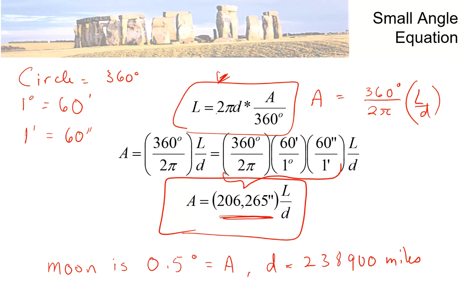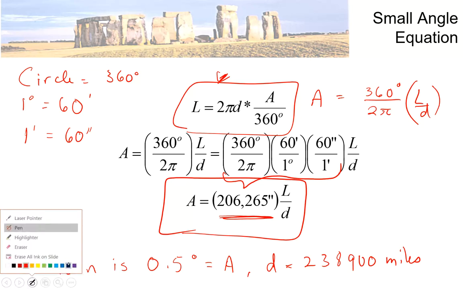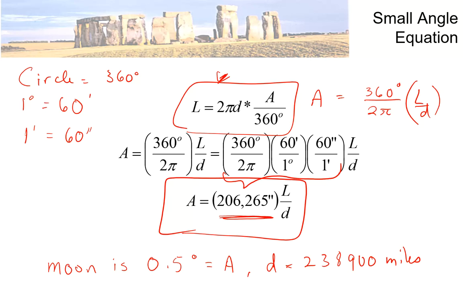So if we take these numbers, the length should equal, let me change the pin color here. Let's pray that I don't screw anything else up. The length is equal to 2 pi times 238,900 miles times that angle, 0.5 degrees over 360 degrees.